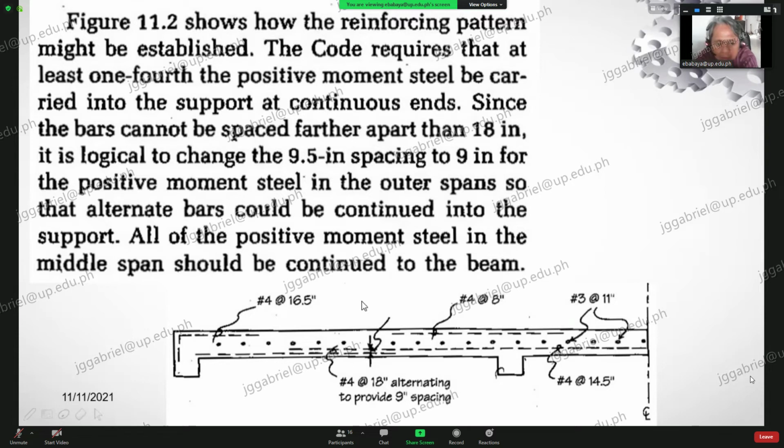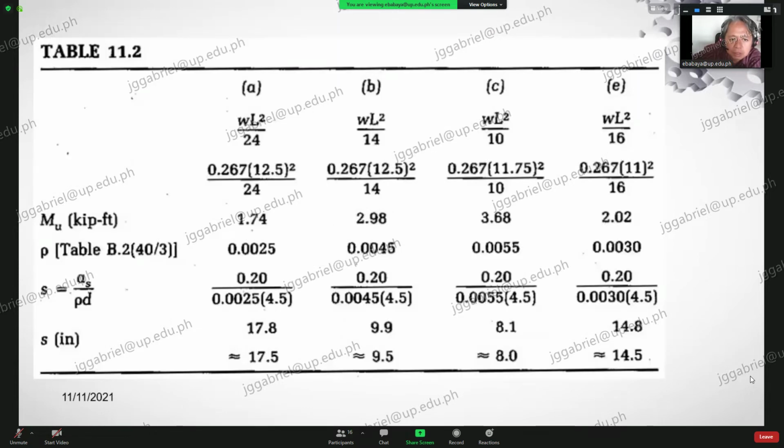Okay? But for this one, it's at the top. Nasa taas siya. Why? Because the moment here actually is negative. Yung mga nabigay na values dito, these values here, okay, specifically this.